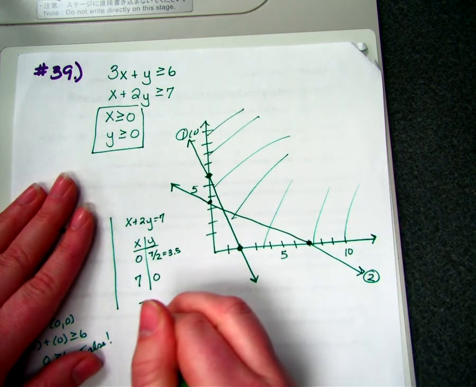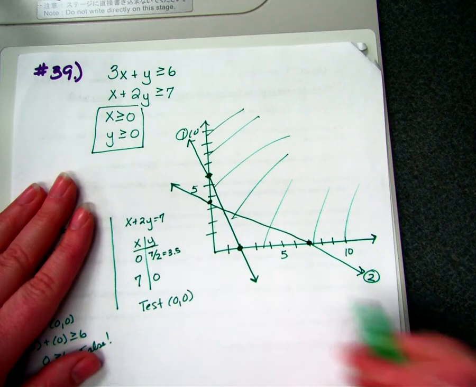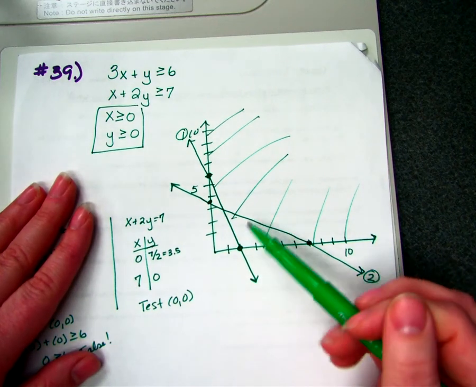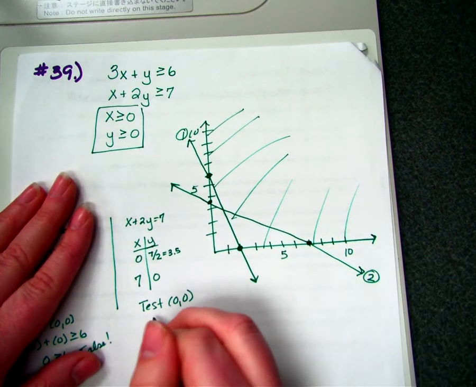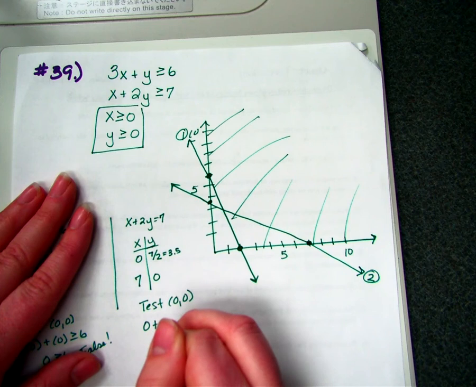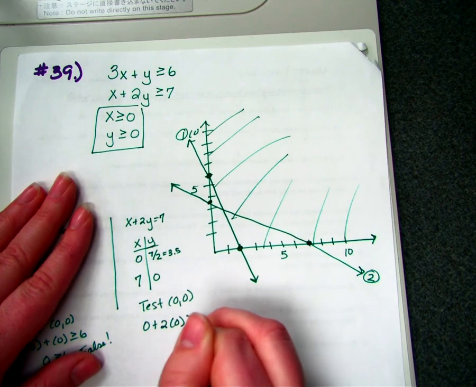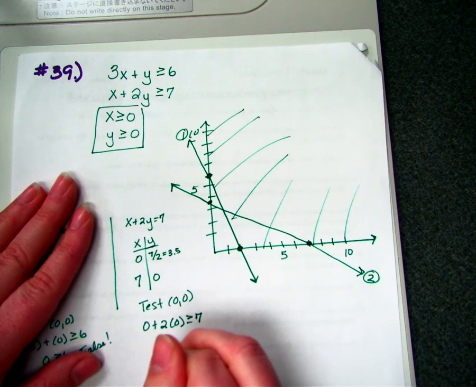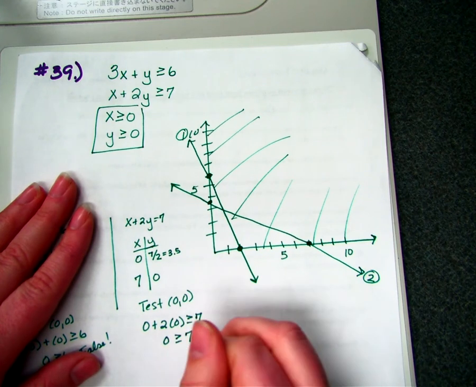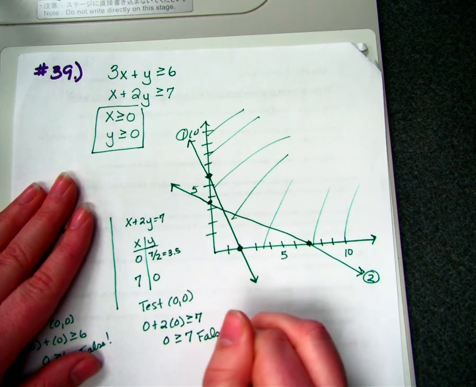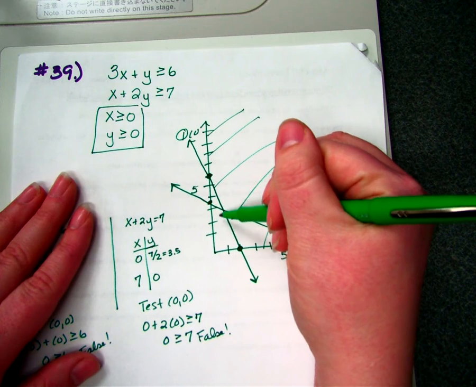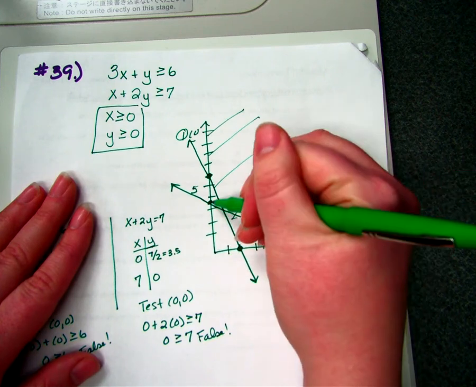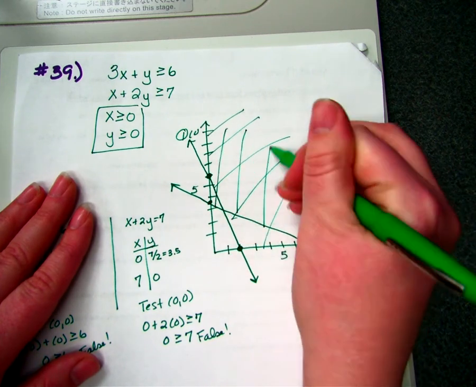We're going to test to see which side of this line has the ordered pairs that make this second inequality true. So test 0, 0 back into your original inequality. So plugging it into this thing, and I get 0 is greater than or equal to 7. This is false. So we're going to shade the side of this line that does not have the point 0, 0, which is above the line.